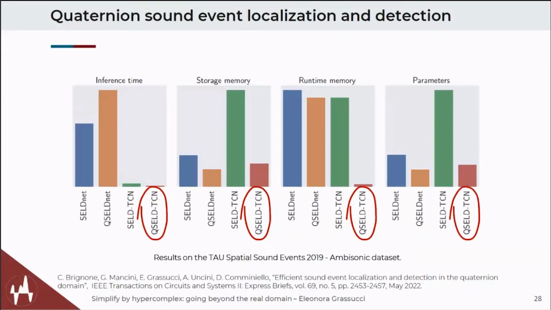And we saw that indeed our approach is faster in inference time, which is crucial maybe for online applications, requires less storage and also runtime memory, and also reduces the number of parameters. So I think that it may be crucial also for embedded applications.